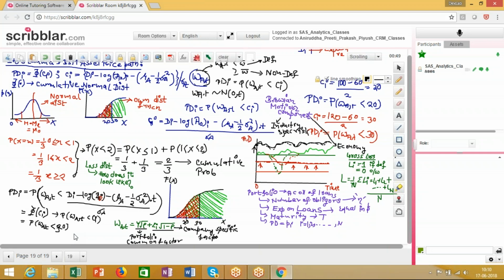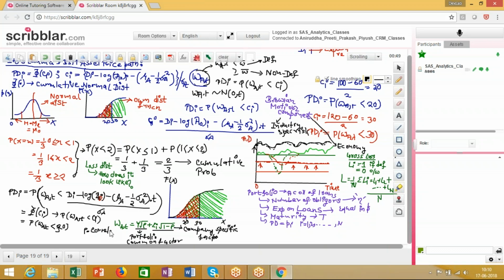So how associated am I as a firm with the fluctuations in the portfolio? If there is a huge portfolio risk, if a sudden factor impacts my portfolio, to what extent would I be impacted by it? So root rho shows the correlation. This rho is the correlation coefficient. It shows the degree of association of the firm with the portfolio factor.